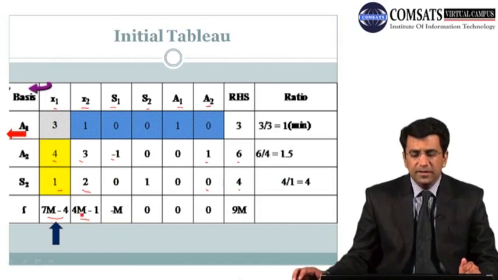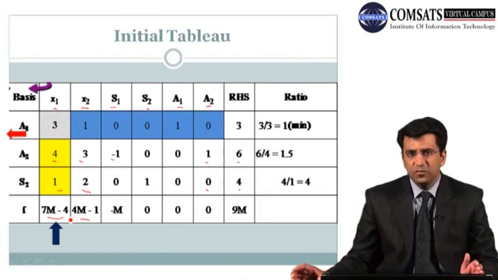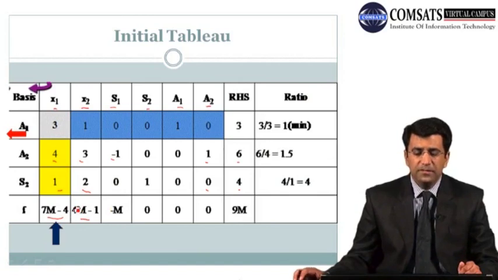Now class, in the case of maximization, what was the method of identifying our pivot column? We usually looked for the minimum value out of the coefficients of the objective function. But in this case of minimization, we will identify the largest positive value out of the coefficients of the objective function.